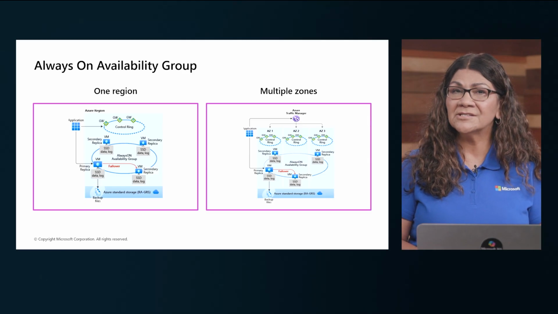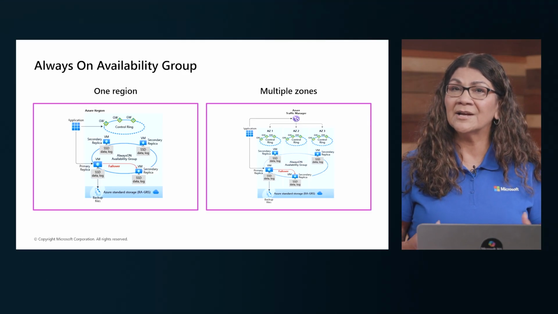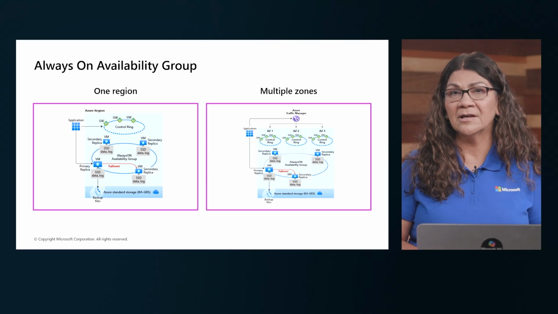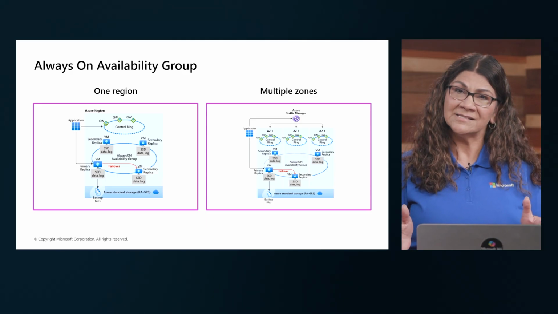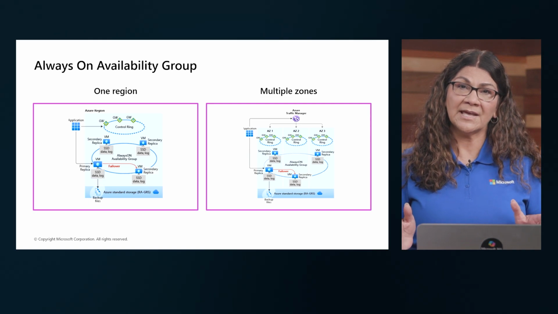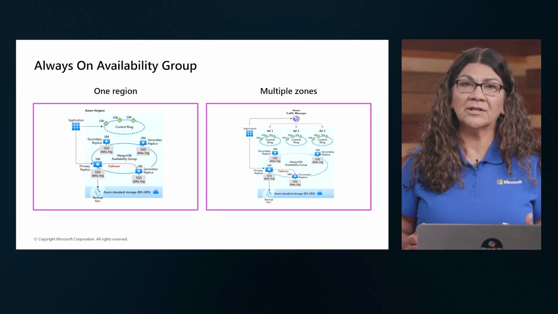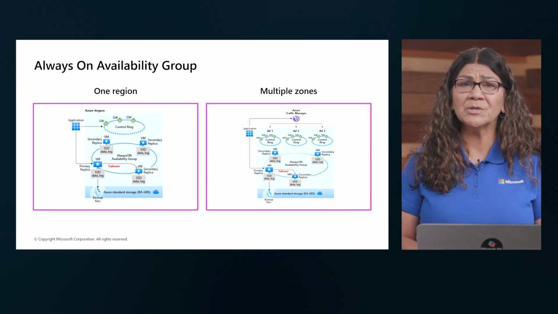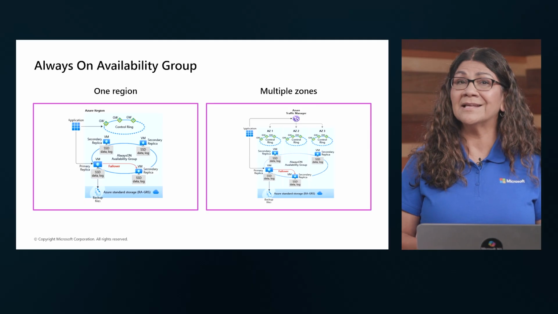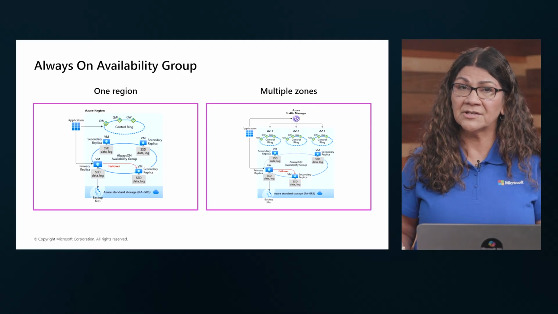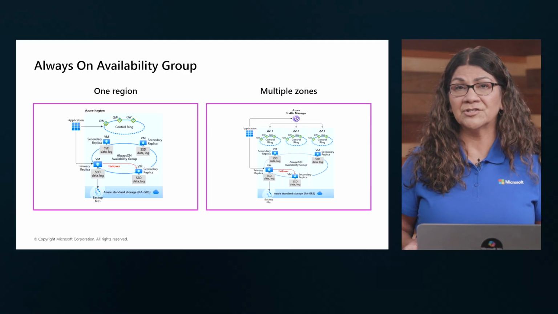The AG listener ensures seamless client redirection to the new primary. While the setup enhances resilience, it may introduce latency due to cross-zone communication, potentially impacting your OLTP workloads. However, switching between zone redundant and single zone configuration is an online operation.